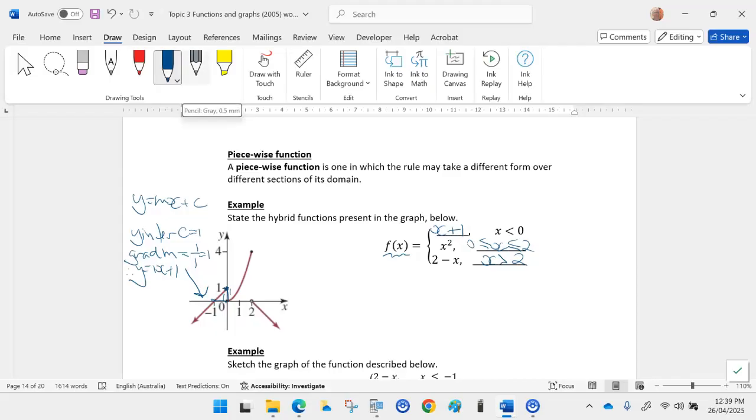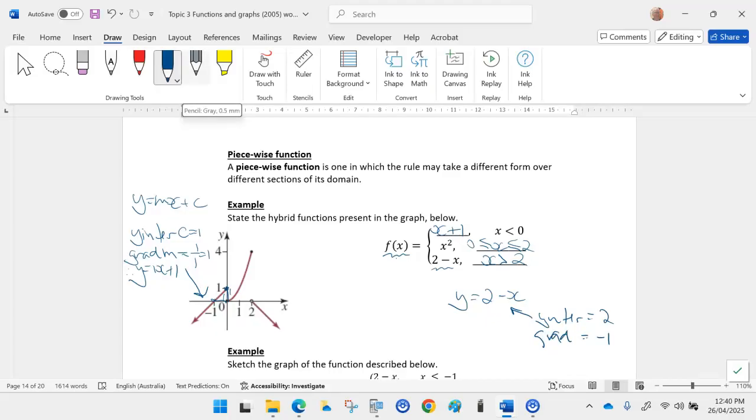So there we have our first piecewise function made up of 3 separate segment functions. Hence we call it piecewise. Now, just before we go into this last function, this last piece is y is equal to 2 minus x. Is it? Well, if we had y is equal to 2 minus x, its y-intercept would be 2 and its gradient equal to -1.